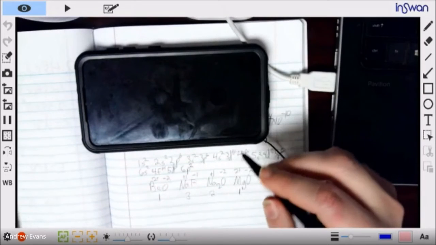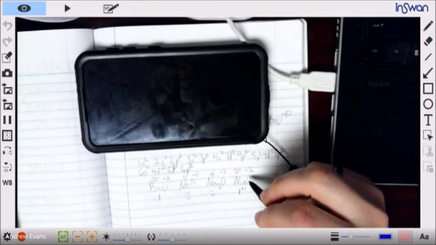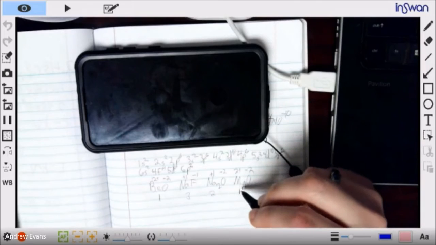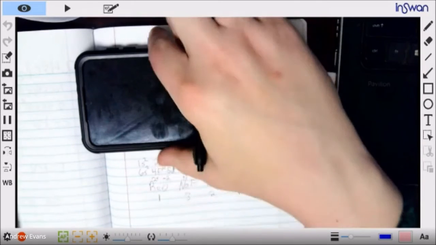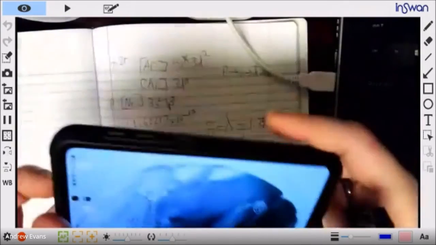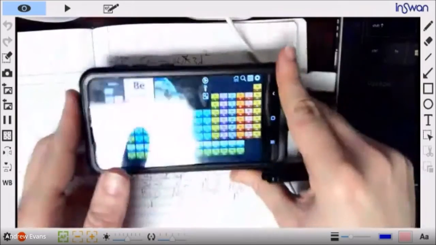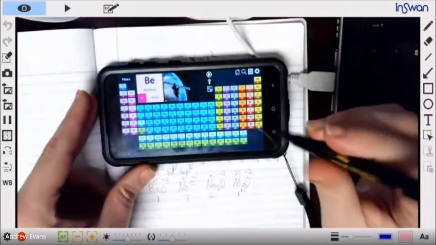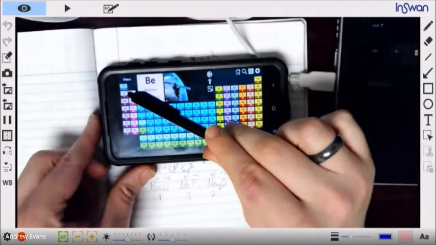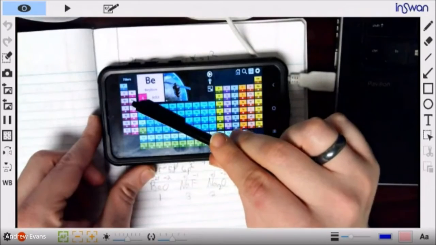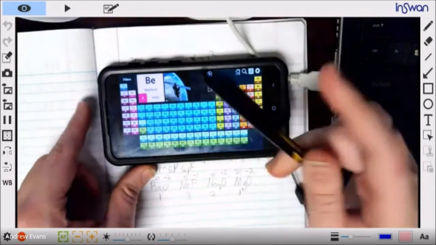So the next thing is size. The smaller the size, the higher the lattice energy. So the question becomes, which one's bigger? Beryllium or magnesium? They both have oxygen, but beryllium is here, magnesium is there. So as we go down the table, size increases.